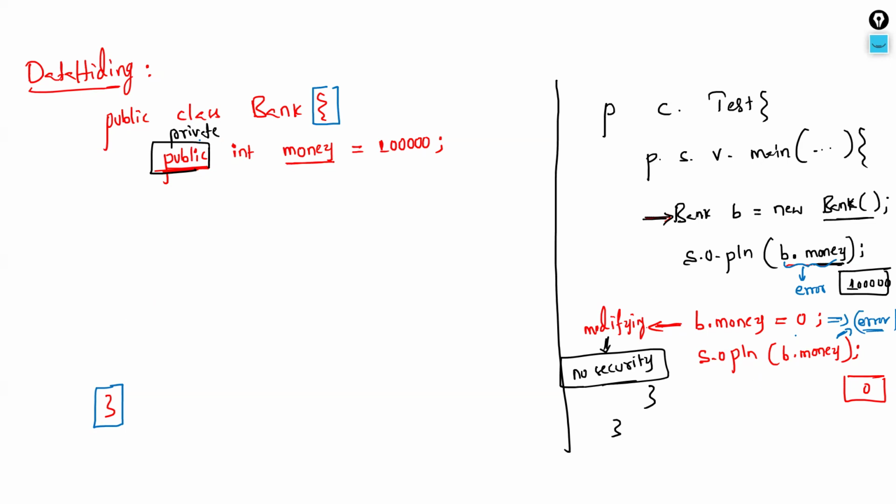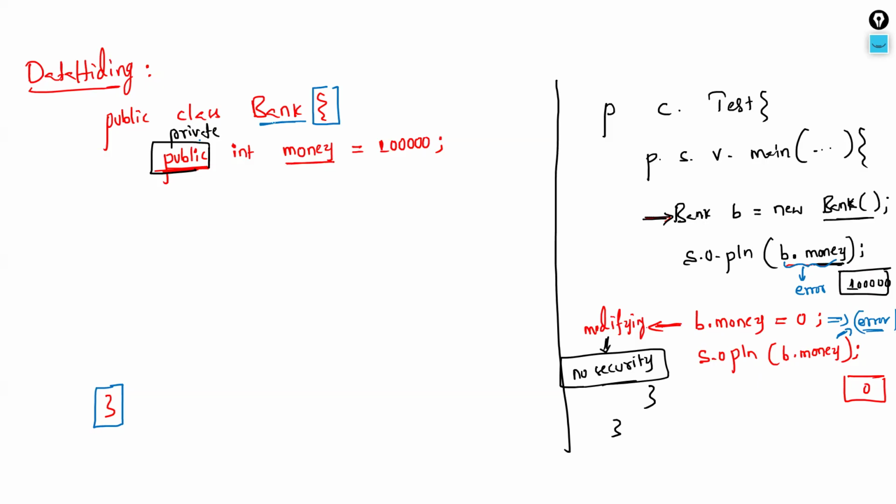Now, assume that this is your bank account. Will that code be with us? If I am an account holder, will my bank code be with me or with the bank people? With the bank people. Who is the account holder? I am the account holder, right? Then I should check my balance or not? How do I check it?